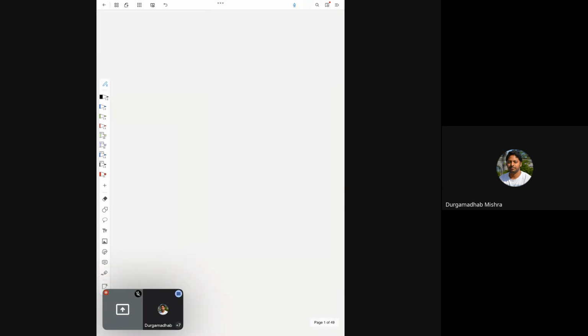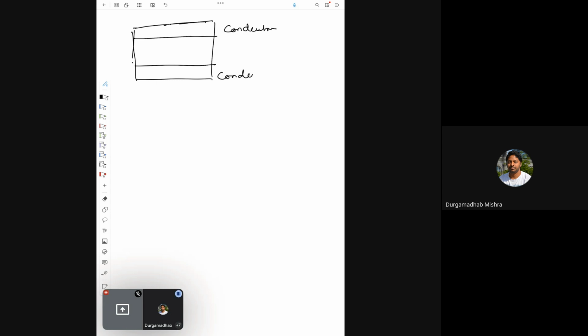So this is another example where it is very useful, a capacitor. This is again a very simple idea. You can use it for a dielectric. So I have here one conductor, another conductor. This will be minus charge.